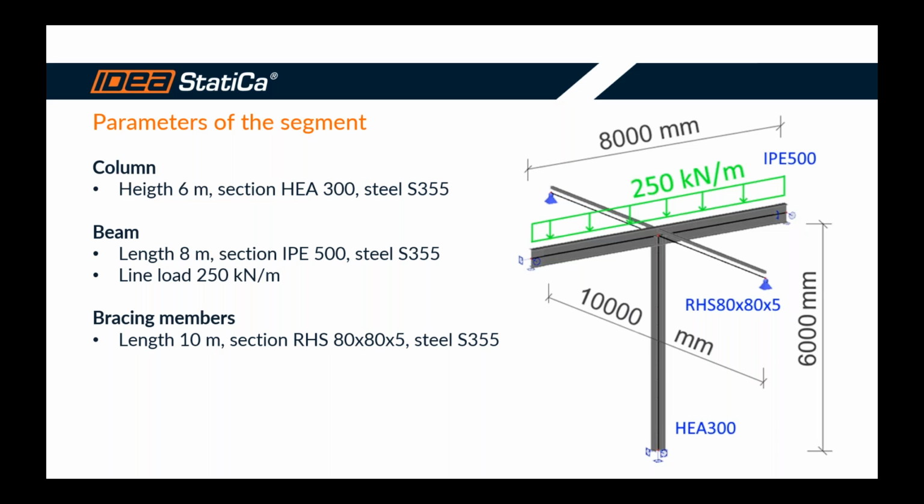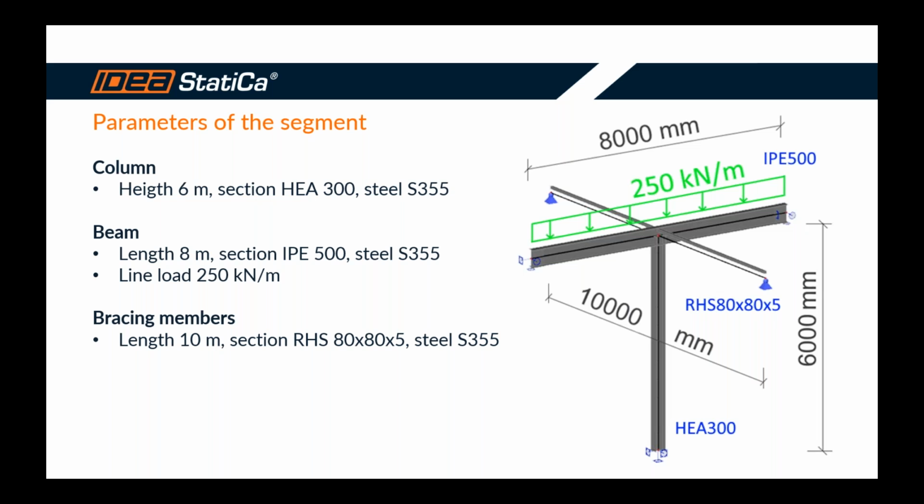And the bracing members are hollow sections 80 by 80 by 5 millimeters of thickness, 10 meters long. So this is it. This is now on our table, as we are the structural engineer to deal with this.